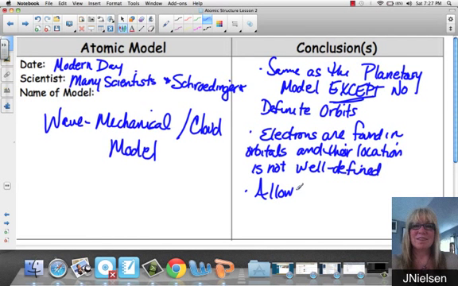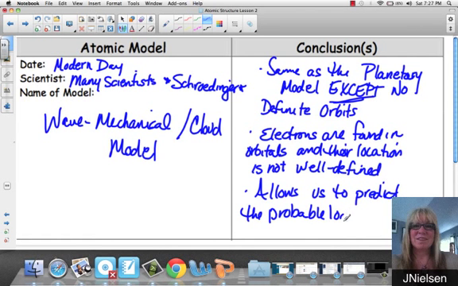It allows us to predict the probable location of an electron or electrons. Okay.